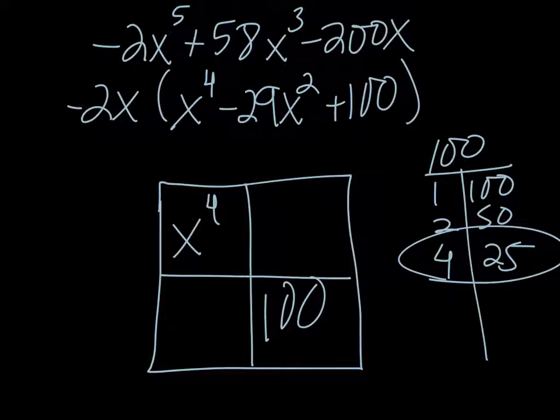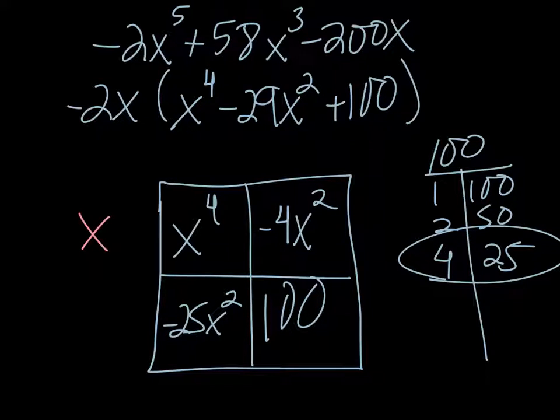So this time on the box, we want to do x squared, because x squared times x squared gives us x to the 4th. So instead of having just x's for our middle terms, we're going to have x squareds for our middle terms. There they are. And just like before, we want to pull out our common factors. So what goes into x to the 4th and negative 4x squared? X squared.